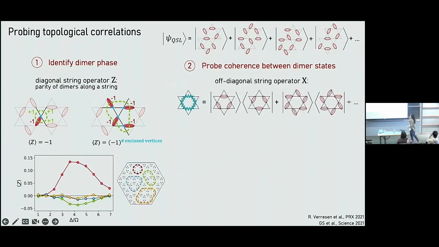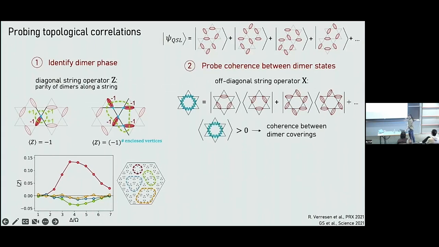Then we want to measure coherence, and so for this we measure this second string operator X. Again, not too much time to go into the details here. Actually, the experimental details here are very interesting. But what we want to do here is measure basically the coefficients of this superposition, or some of them, let's say.